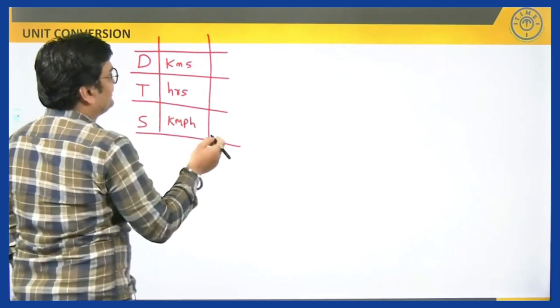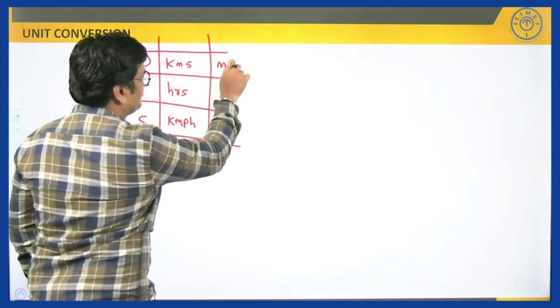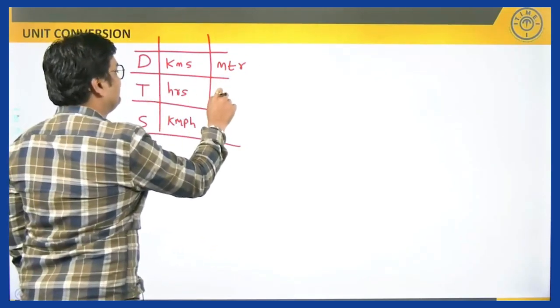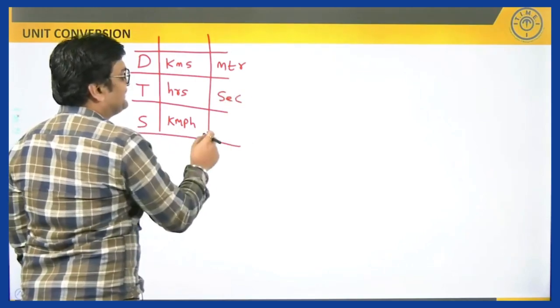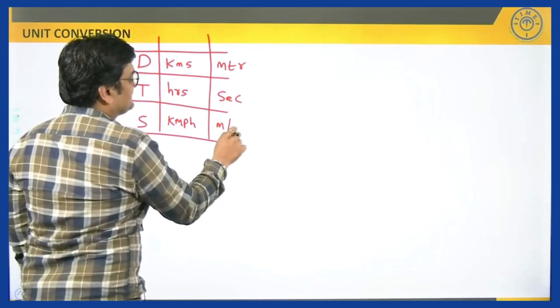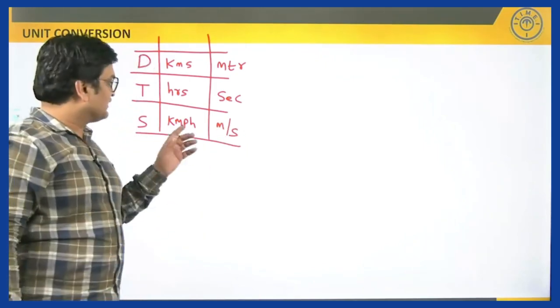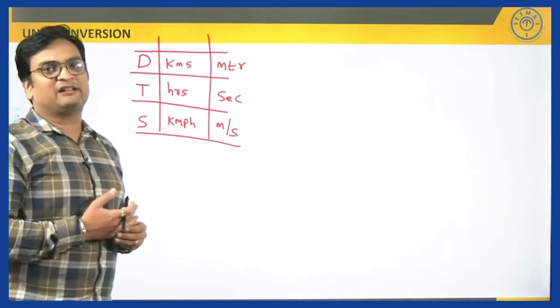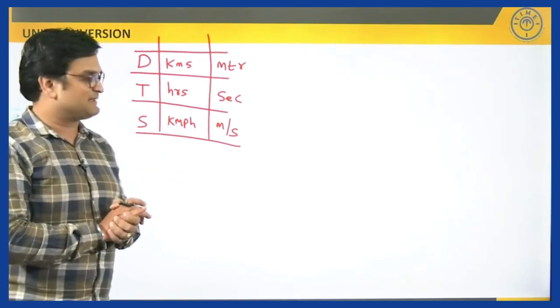Now some other times, distance will be measured in terms of meters. In such cases, generally we take time in seconds, and hence the speed will be measured in meters per second. So these are the two common sets of units that we take for the variables that we come across in the topic time, speed and distance.